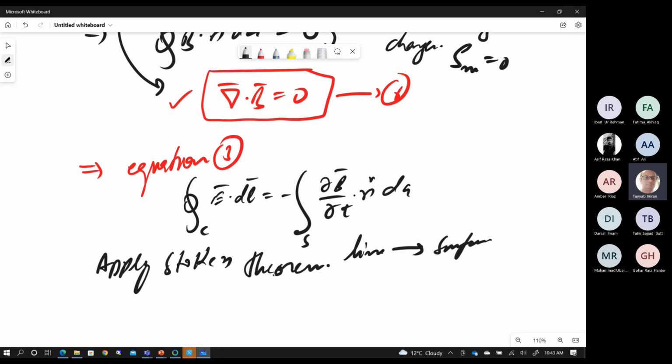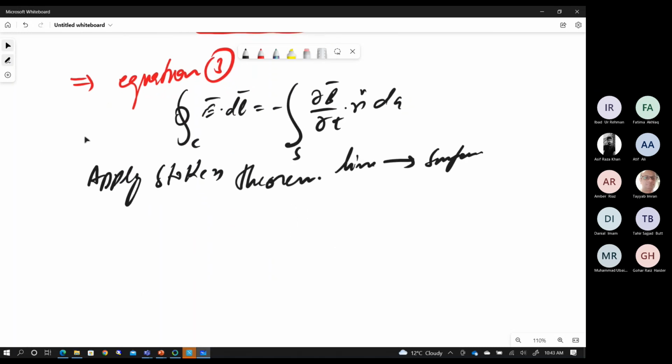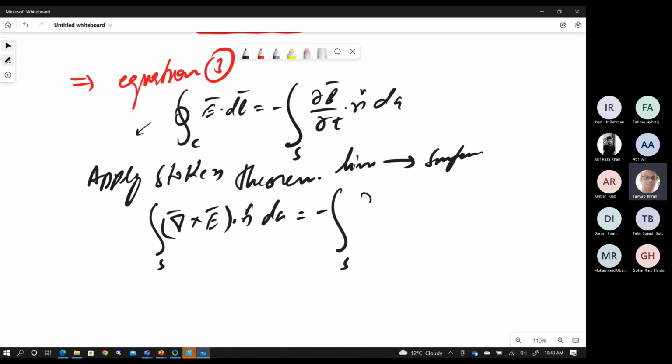And in this case we can write the above equation this side, del cross E. And dA is obviously equal to curly B over curly t, n dA.